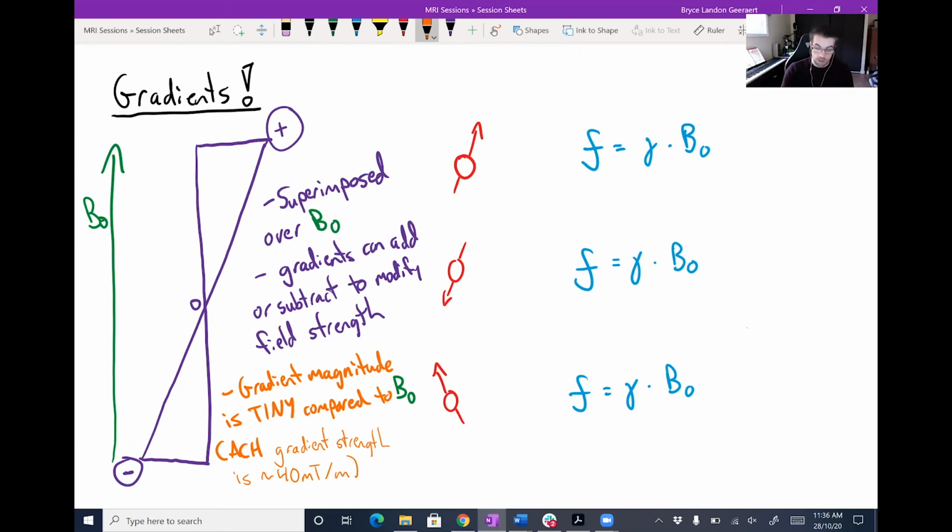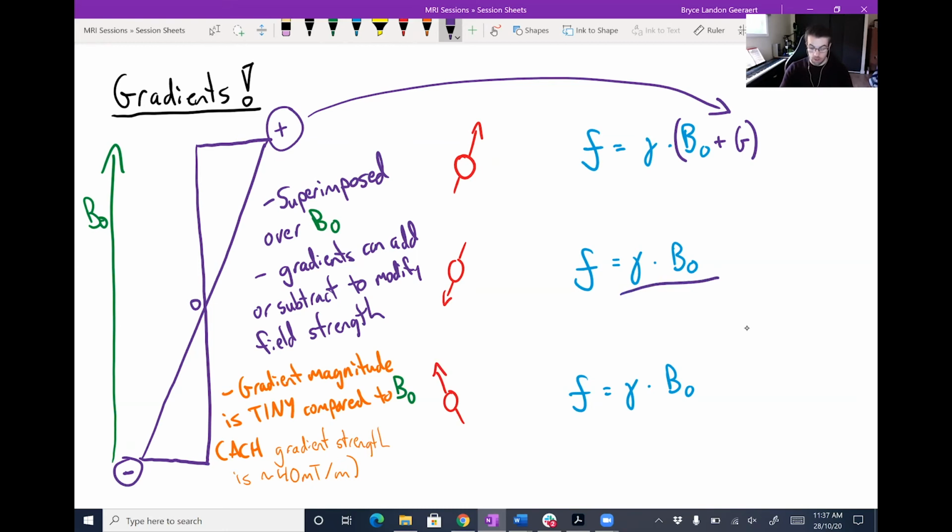Instead of all their precession frequencies being gamma times B0, this one at the top has a positive gradient, right? That's adding on to the B0 field. So now we're going to say G for gradient strength. This precession frequency is increased. It's going to be precessing faster because it's experiencing a stronger magnetic field, just because we've added to that magnetic field. Whereas in the middle, there's no change, right?